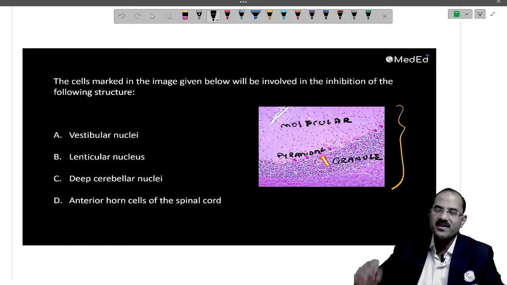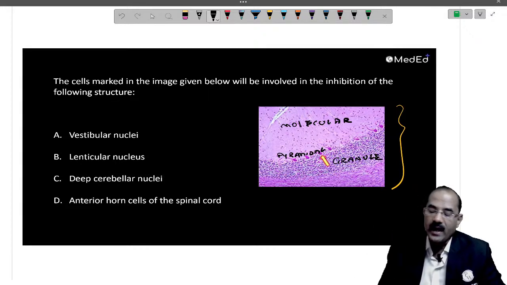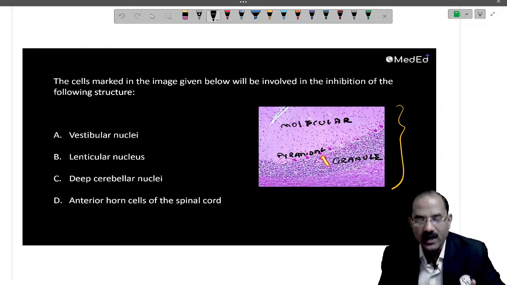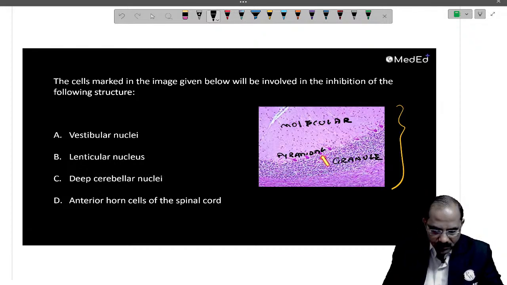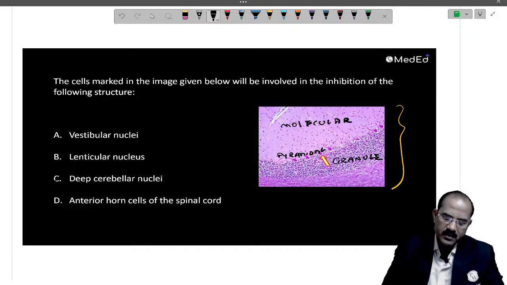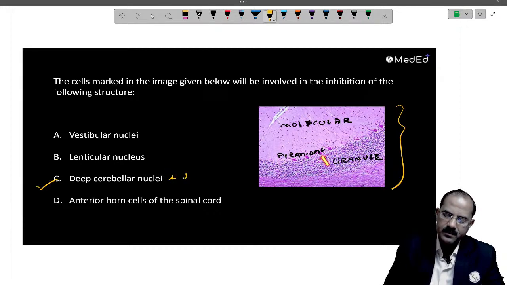And what is pointed is the Purkinje cell. And this Purkinje cell is going to inhibit the deep cerebellar nucleus and the lateral vestibular nucleus.